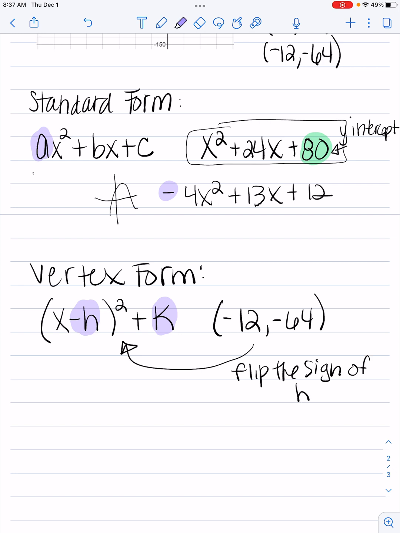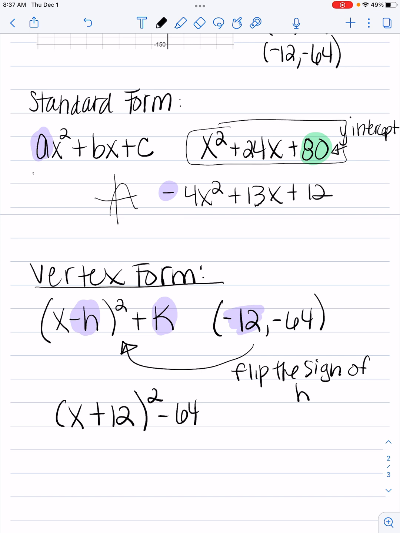So in that case, this is going to be our negative 12. So when I put it into the equation, I'm going to flip the signs and it's going to become positive. Okay? The k value stays the same. You don't change the k value. So you're only changing the signs when you put them into the parentheses.